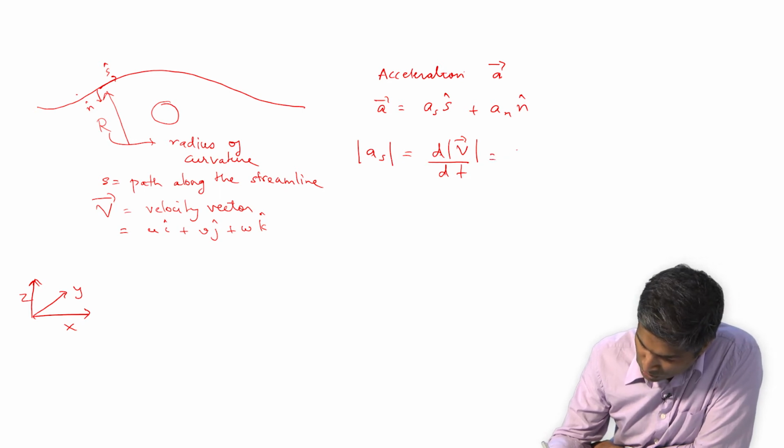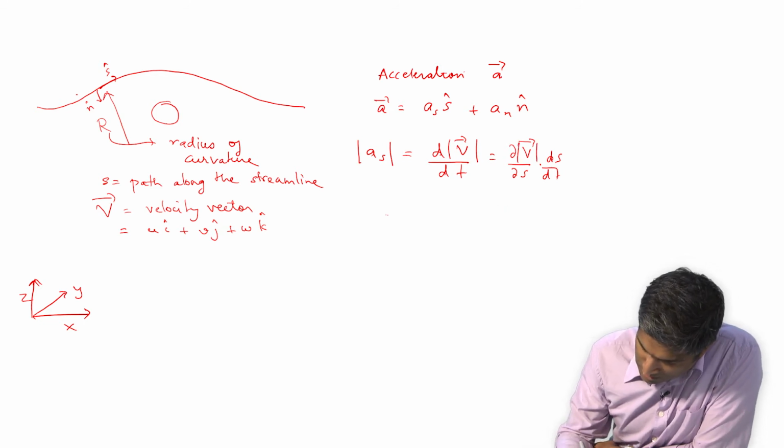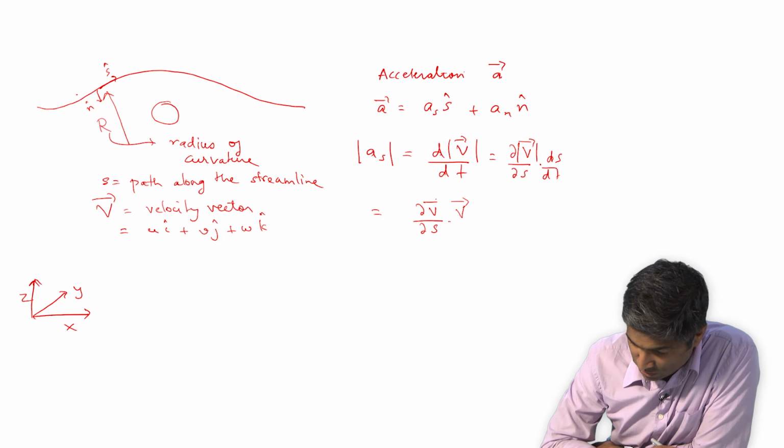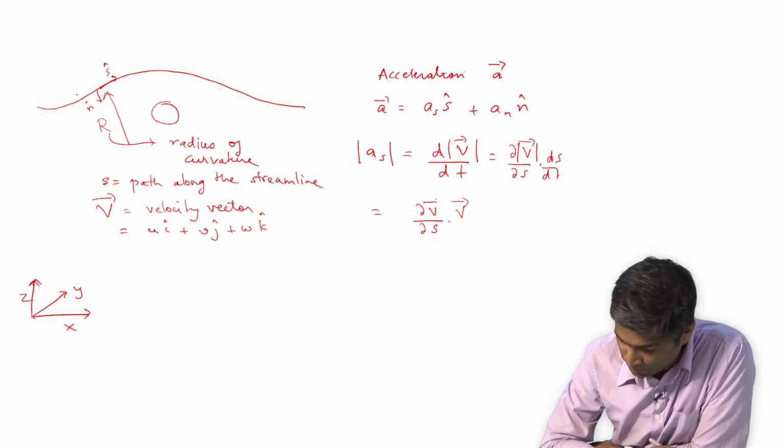I could apply the chain rule and say this is del V del s times ds dt. And ds dt is nothing but V, because ds dt is the rate at which the particle is covering distance along the streamline.